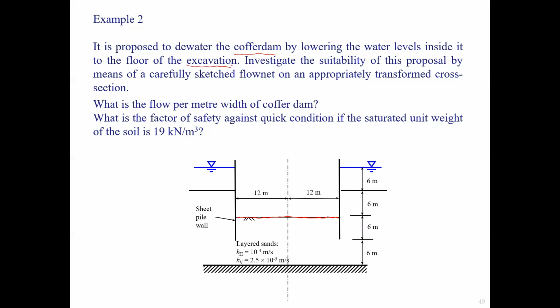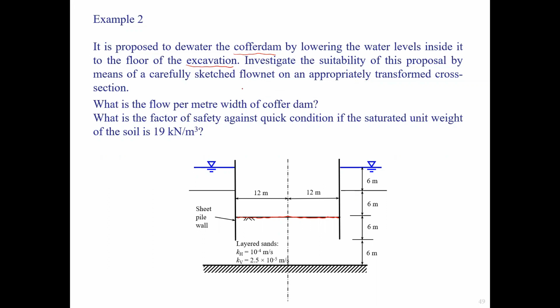That's the so-called excavation. We need to investigate the suitability of this proposal by means of a carefully sketched flow net. So we are required to draw the flow net on an appropriately transformed cross section.